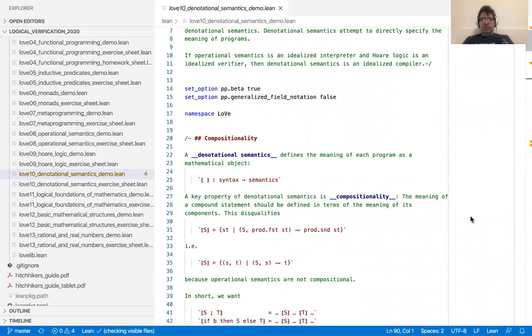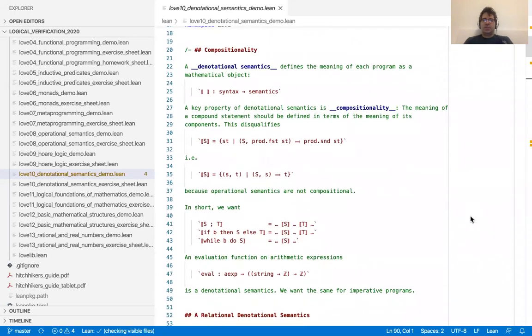And first of all, we start with a little discussion on compositionality, which is the property that we want the denotational semantics to have. It's the characteristic property in general. So denotational semantics is a function from syntax to semantics, and often we use these double brackets, or Scott brackets, around an expression to say this is the semantics of the expression.